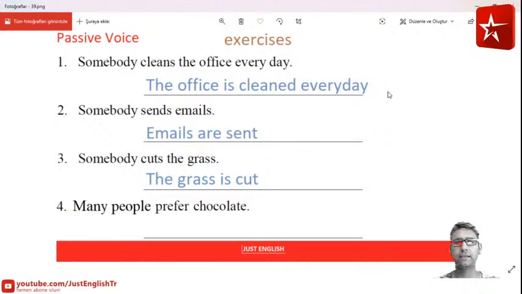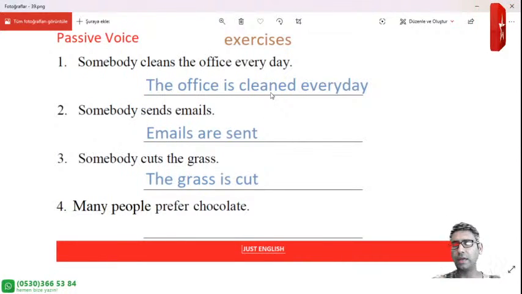Mesela ikinci soru e-mail. Birisi gönderiyor e-mail. İşte o gönderdiği şey pasif cümlenin öznesi oluyor. E-mail ile başlıyoruz. E-mailler gönderiliyor diyor o da. Birisi yeşilliği kesiyormuş. Yeşillik kesilir. Bu şekilde çeviriyoruz. Hello Zahide.